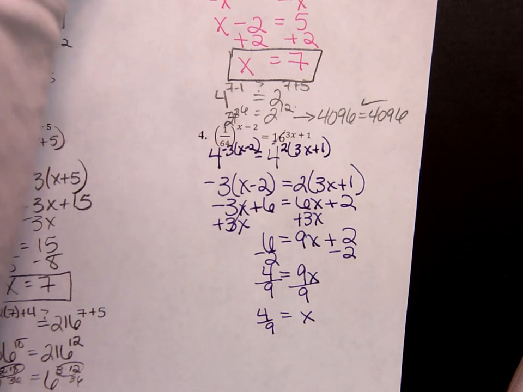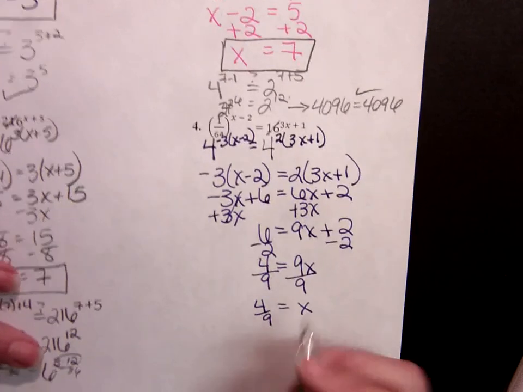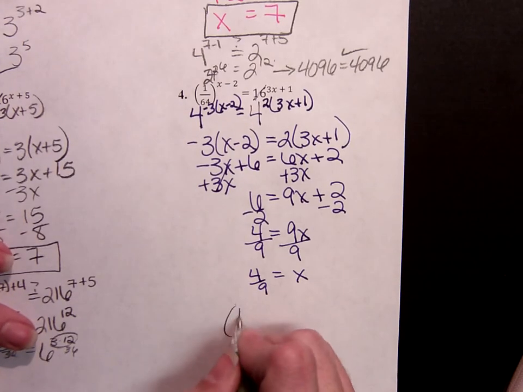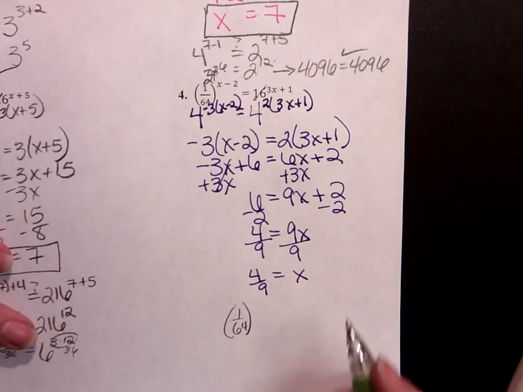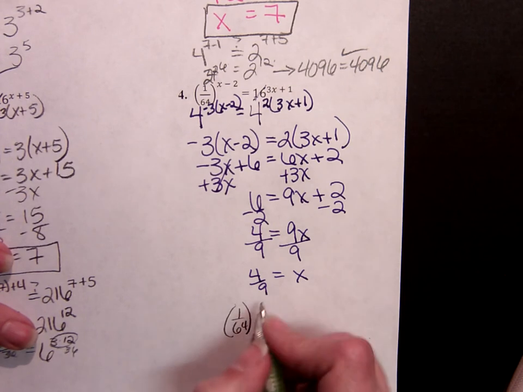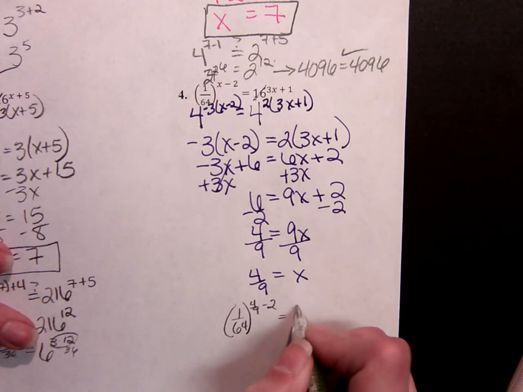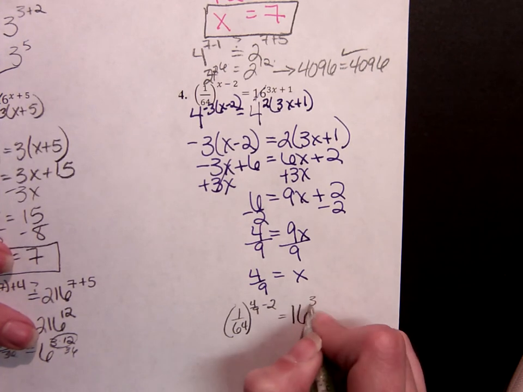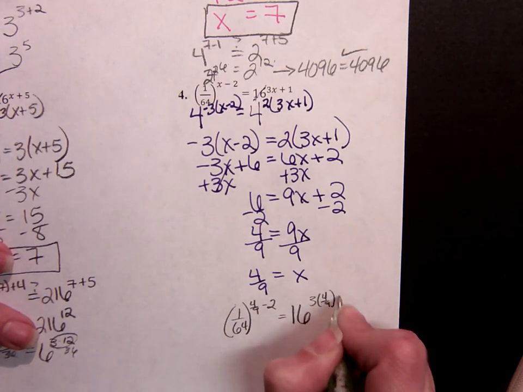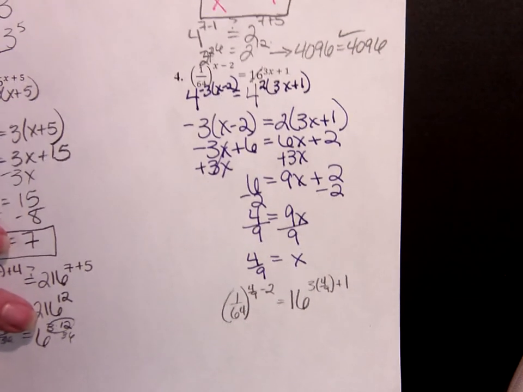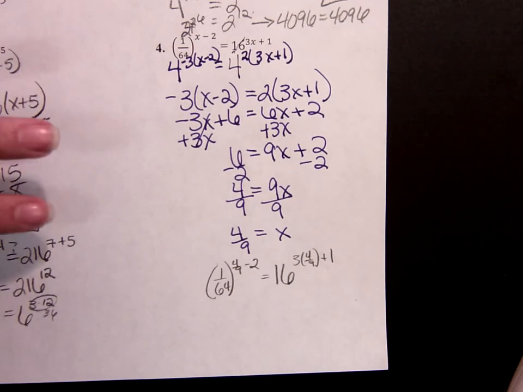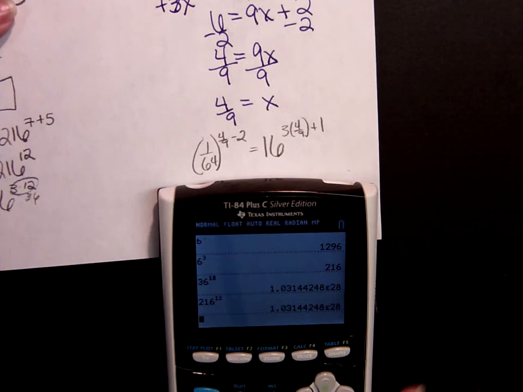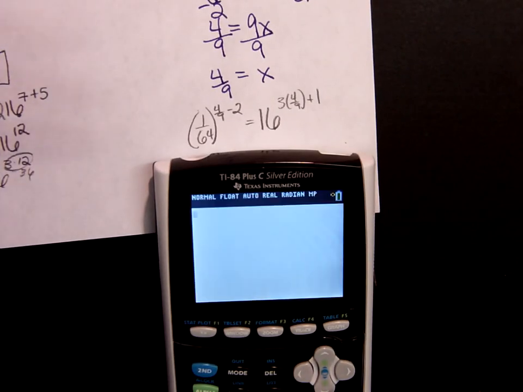When we go to plug that back in, 1/64 to the 4/9 minus 2, and 16 to the 3 times 4/9 plus 1. You have access to a calculator, so use it. Type exactly what you're looking at in there.